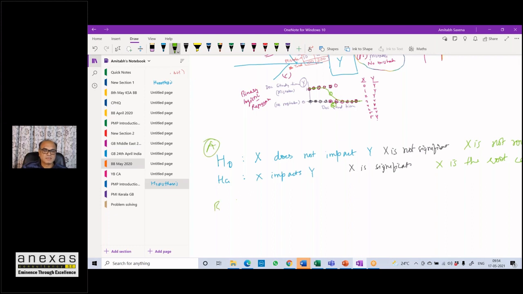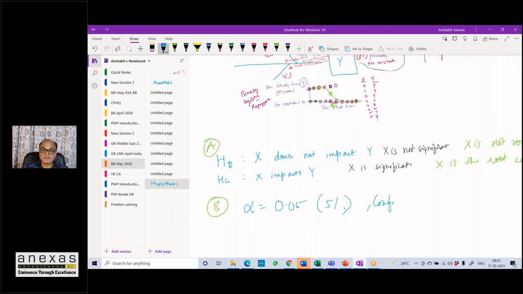The second step is I also decide my confidence level. Means what is the risk of me going wrong? How much can I tolerate the risk of going wrong? We call it alpha error. Usually, this is also known as type 1 error. Usually, we take alpha equal to 0.05, that is 5%.